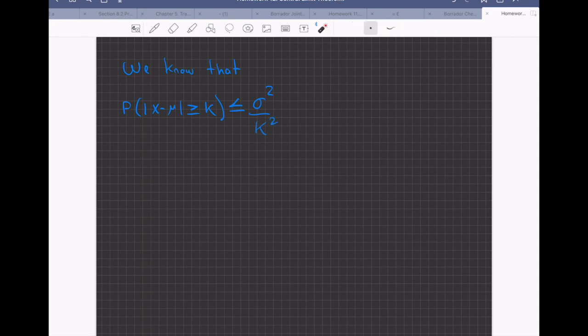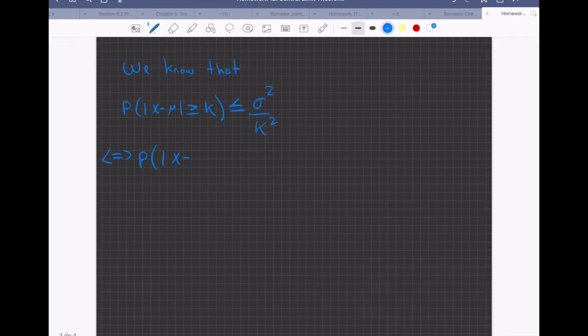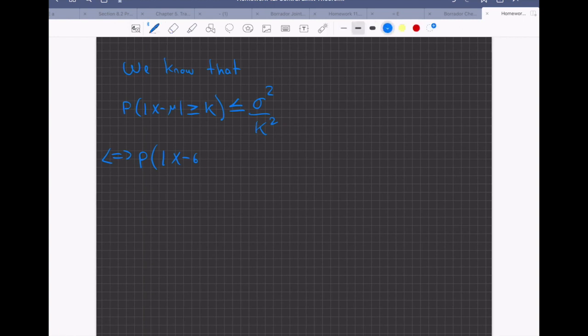We need to find the number here, but to find the number we need to find k. So this is the same as the probability that the scores x minus the mean, 61, is greater or equal than k. It's no more than sigma squared, that is what?